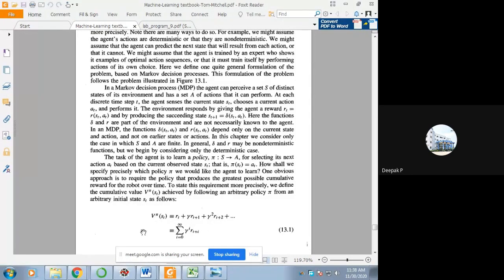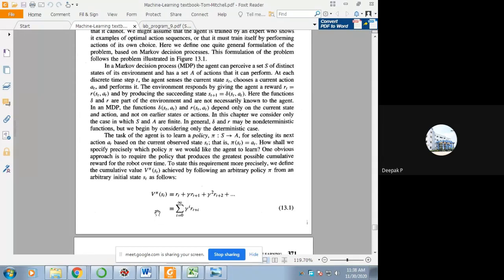In general, the cumulative value is represented by V pi of s t approximately equal to the summation from i equal to 0 to infinity of gamma power i into r t plus i, that is, my reward at the time interval i.